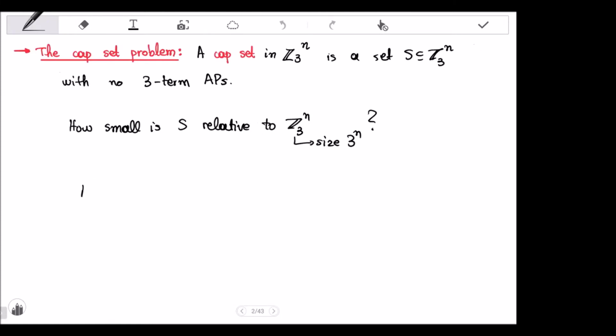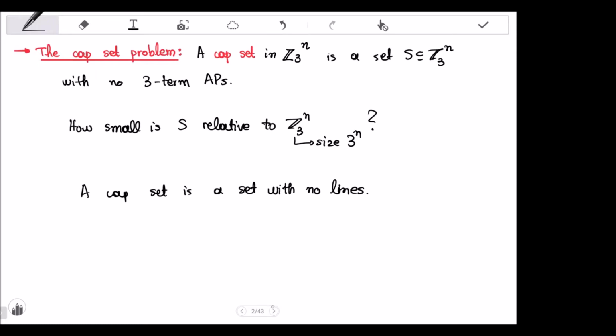So a cap set is a set with no lines. So we see it sits at the other extreme from Kakeya. A Kakeya set contains a line in every direction. A cap set has no lines at all.